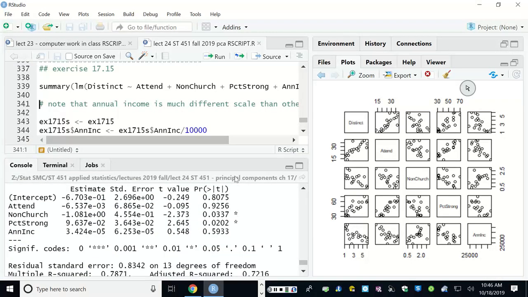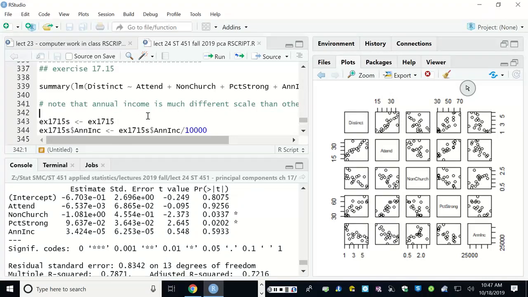I get this R squared, and some things like attending church, right, percent of time that you attend church, to predict distinctness, doesn't get a significant regression coefficient. Right? And it's probably because attend is kind of correlated with these other things to a degree. So with all of them as predictors, some of these things that you would clearly think should be significant don't really work out.